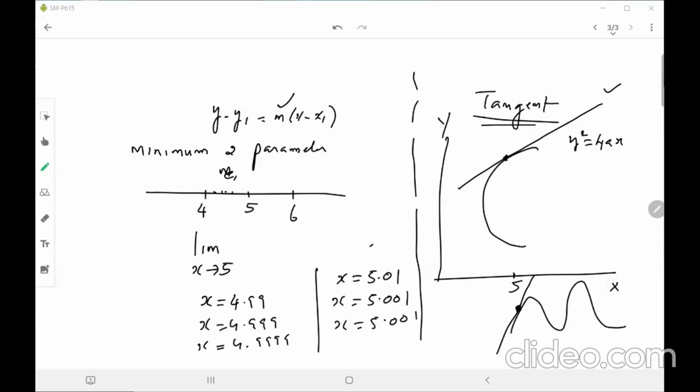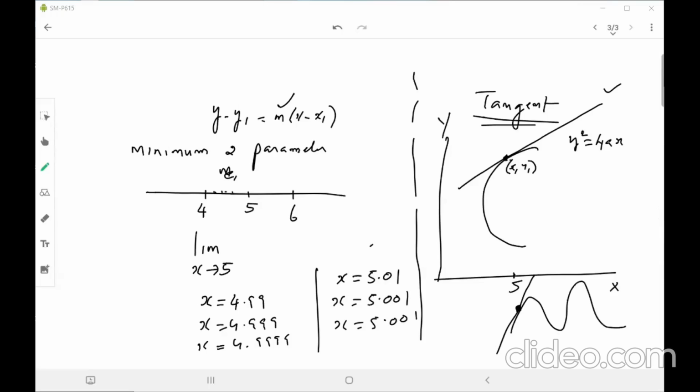If you are applying the two-point form, you need x1, y1 and x2, y2. Minimum 2 points are needed. But here only 1 point is given, x1 and y1. So how can we find the equation of a line using 1 point? It is not possible. I need a minimum of 2.